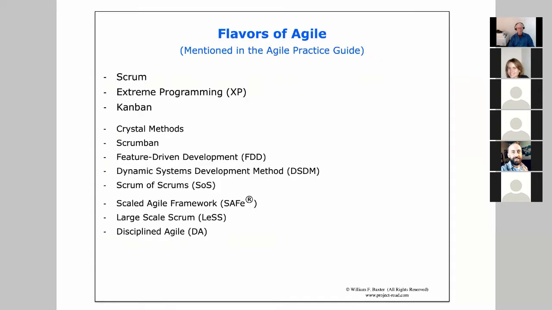So we have these different flavors of Agile, and the first three are the ones that are especially important for the PMP test, and to some extent for the CAPM test. Now we're starting to see a little bit of Agile touched on in the CAPM, and then a whole bunch in the PMP exam. And in the Agile Practice Guide that comes wrapped with the PMBOK Guide, you'll see all of these mentioned.